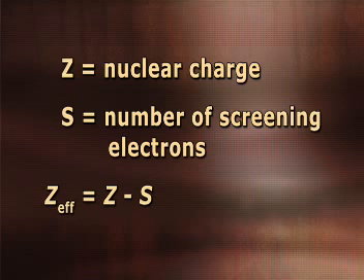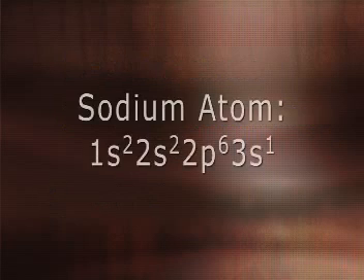Let us look at an example. A sodium atom has 11 electrons. The 10 inner electrons completely cancel 10 units of nuclear charge on the nucleus.